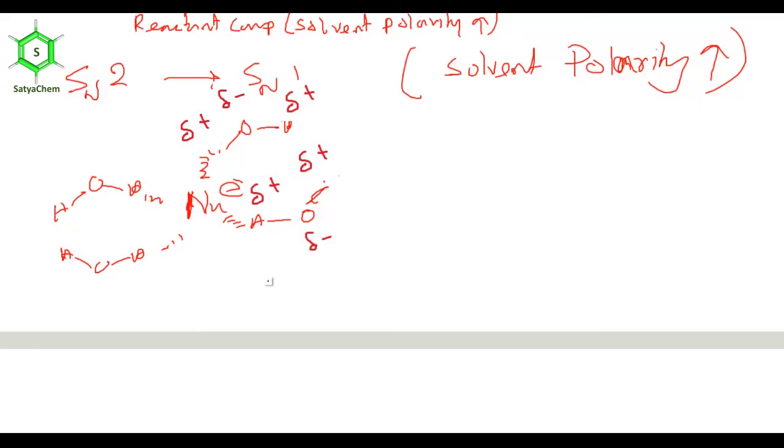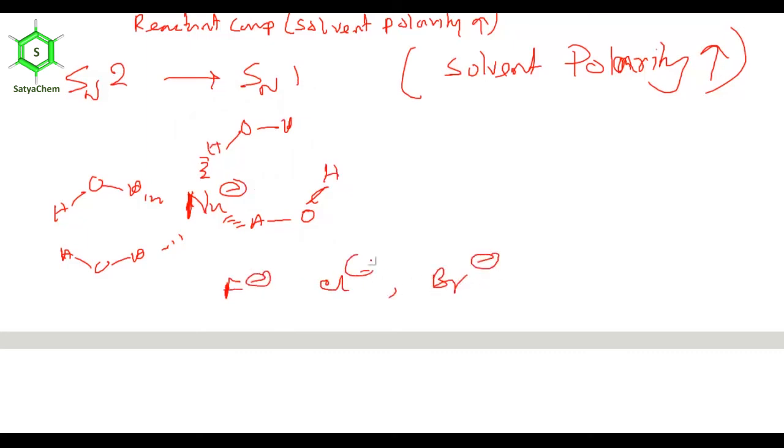That is why from F minus, Cl minus, Br minus, to I minus, the reactivity increases, because I minus is not going to make hydrogen bonding with water. The probability is less because the negative charge density is very low.